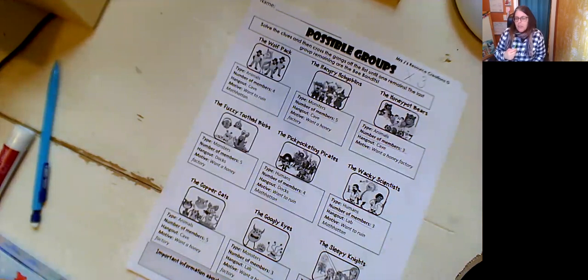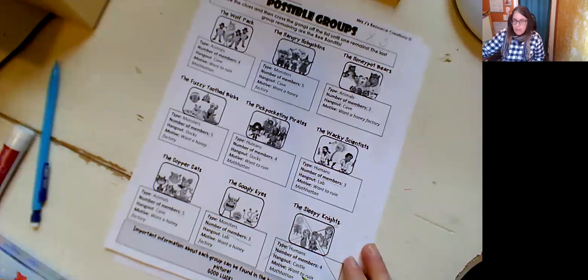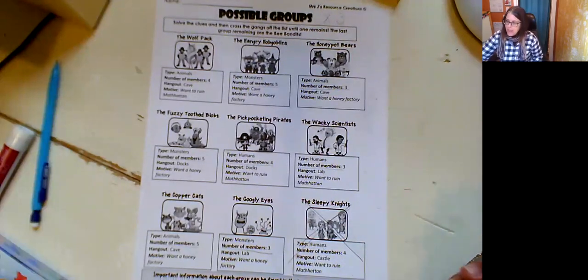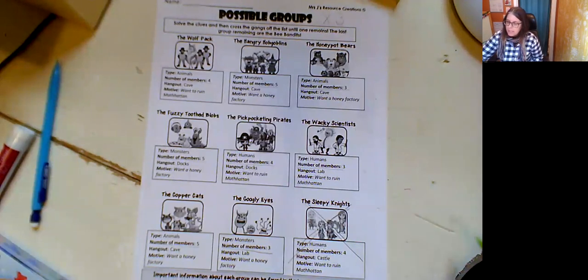So the clue you get is going to tell you something about the motive. The motive means why that group wanted to steal all the bees, okay? So you're going to get that information. And then what you need to do is cross off the ones that don't match that motive.